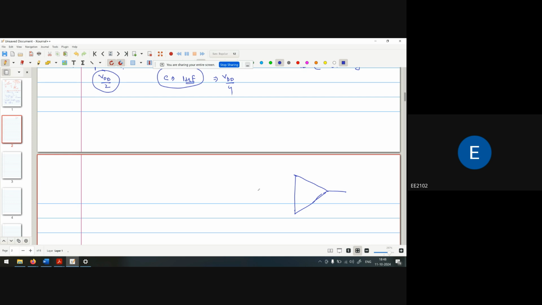I am using one source here, along with the source I have RS.